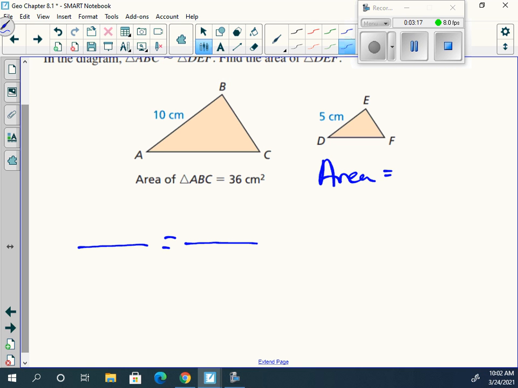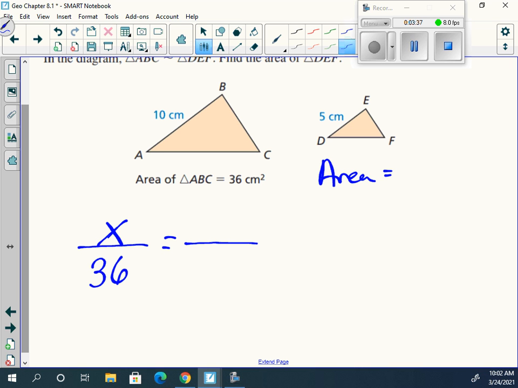Now, the area that we want to know, we can put it on top over the area that we do know, which is 36. Now we need to set up the other fraction with our side lengths.